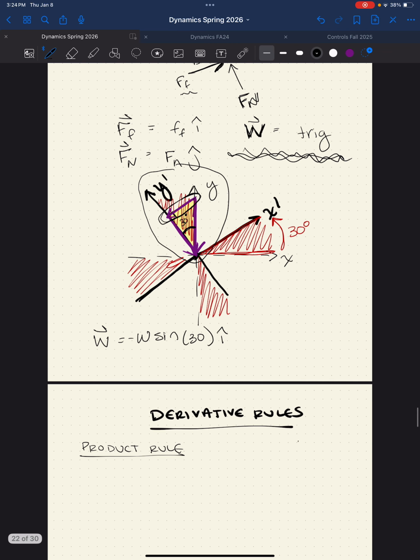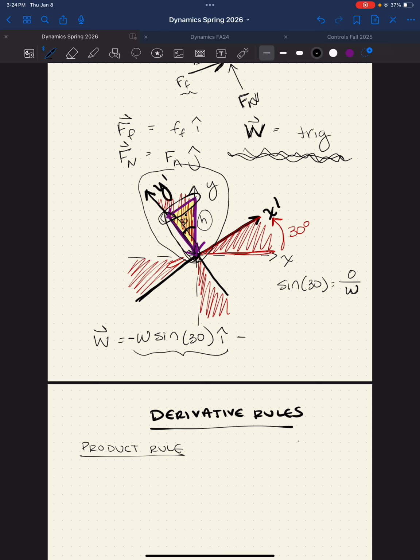So honestly, we could say sine of 30 is equal to the quantity I'm concerned with over the hypotenuse, where the hypotenuse is just the amplitude of that W vector. So we'll just call that W. That's like the full mass times acceleration due to gravity. Okay, so this is the I hat component, and then we're going to look at this component here that goes down in the Y direction.